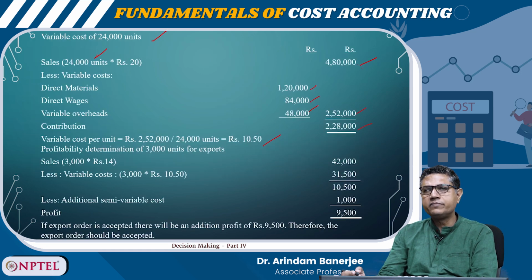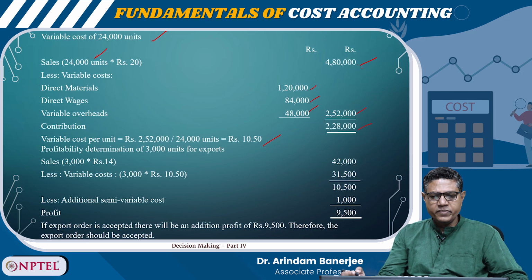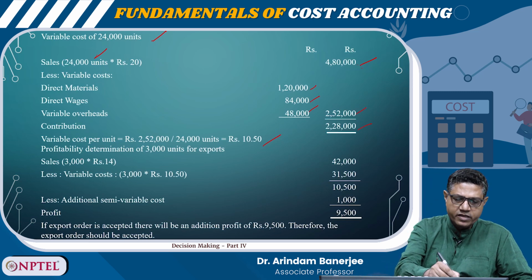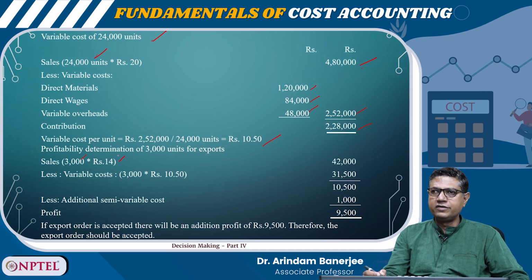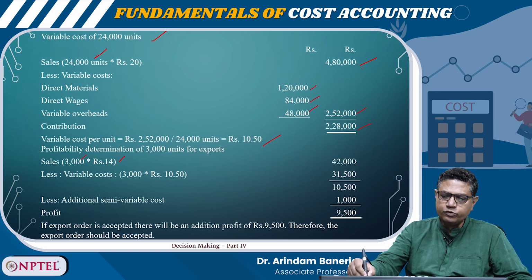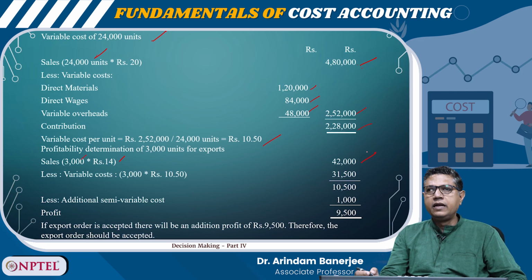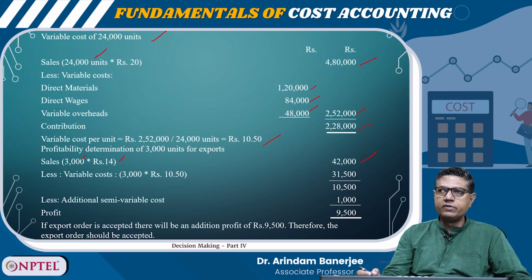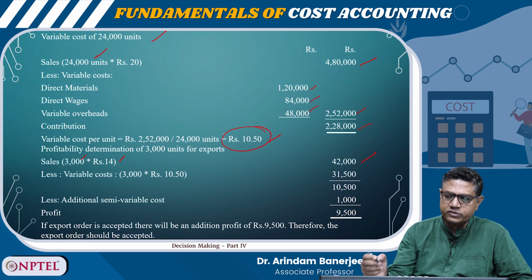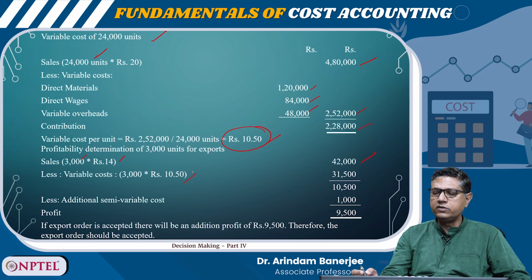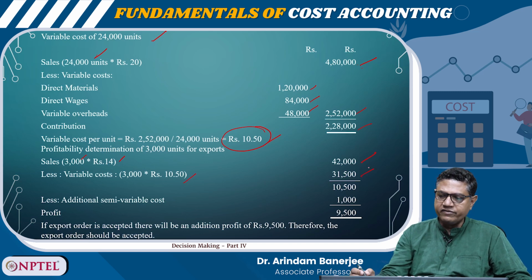So, now here you see it is profitability determination of 3,000 units for export. So, 3,000 into rupees 14, which is the price for export, comes to 42,000, right. Less variable cost, we already calculated, rupees 10.50, so 3,000 into 10.50 is 31,500.